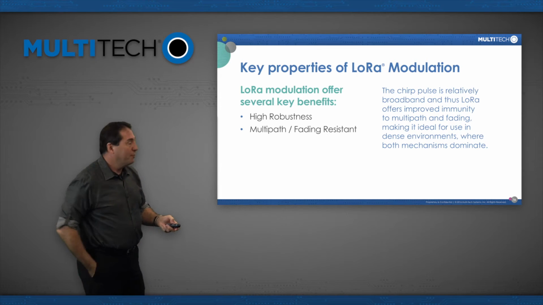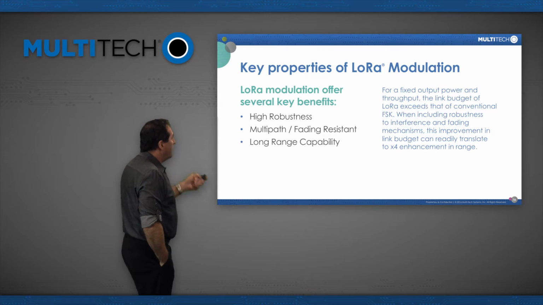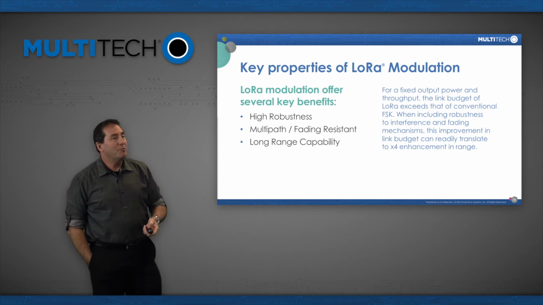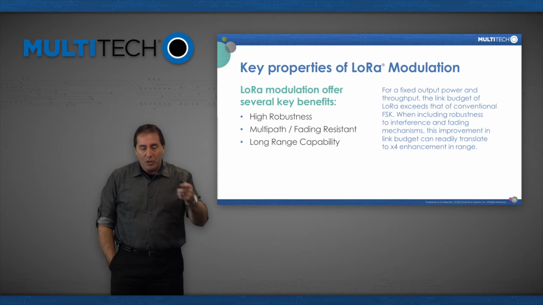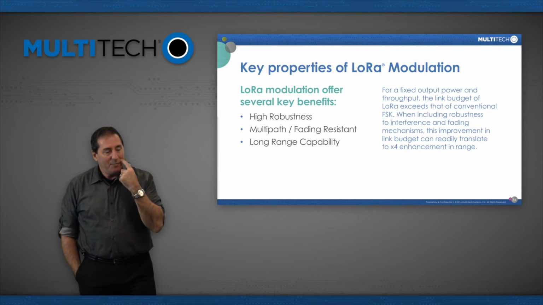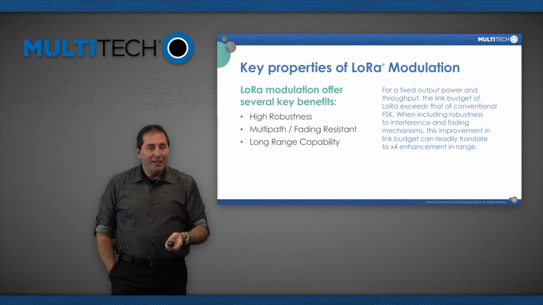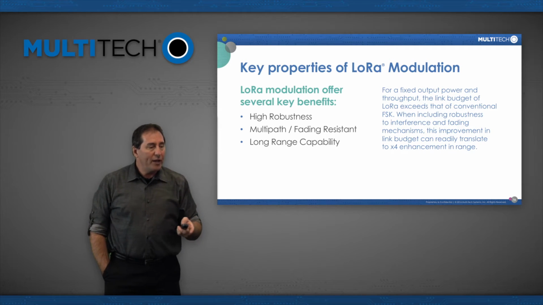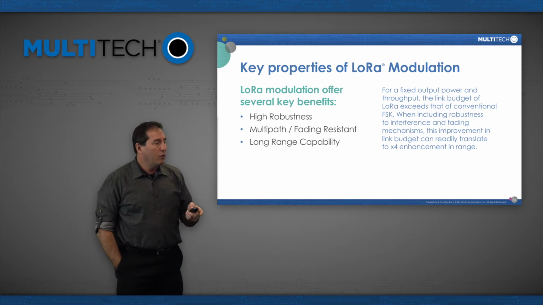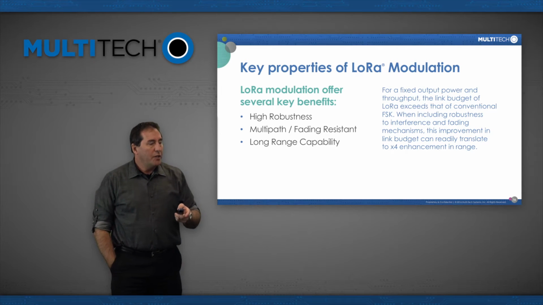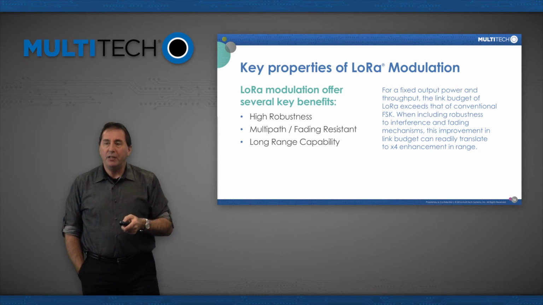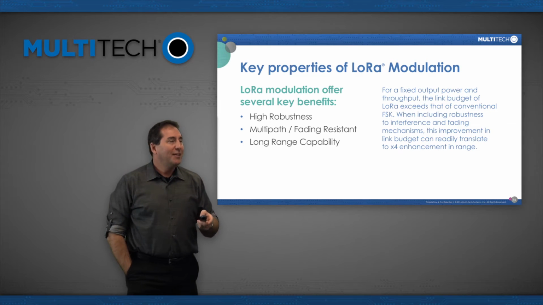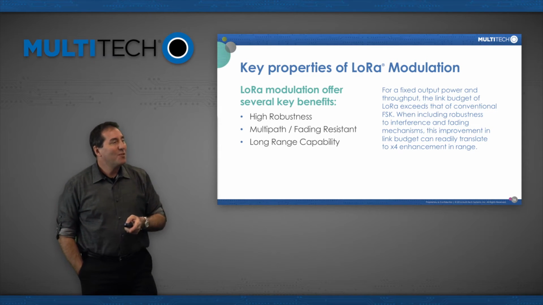Similar thing with LoRa. Long range. Well, we all know that LoRa can transmit pretty far. I was talking with our chairman of the technical committee, and I think the record for LoRa was something like 1,800 miles at 14 dBm.